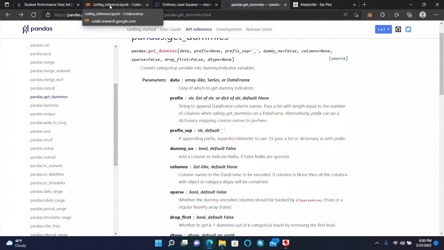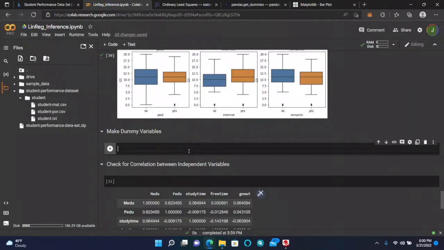If we set drop_first to False, which is the default, we get a female column that has 1s for females and 0s otherwise, and a male column which has 1s for males and 0s otherwise. So we get two columns that actually have exactly the same information in them. So we're definitely going to use drop_first=True.